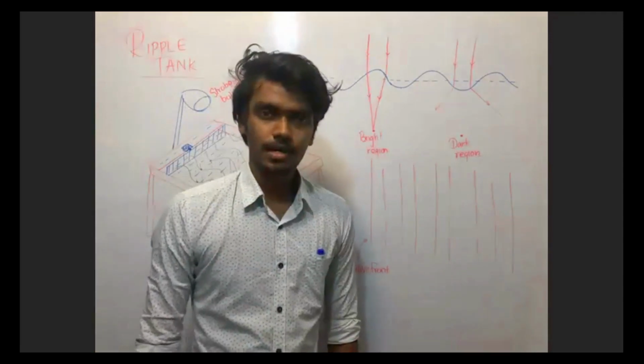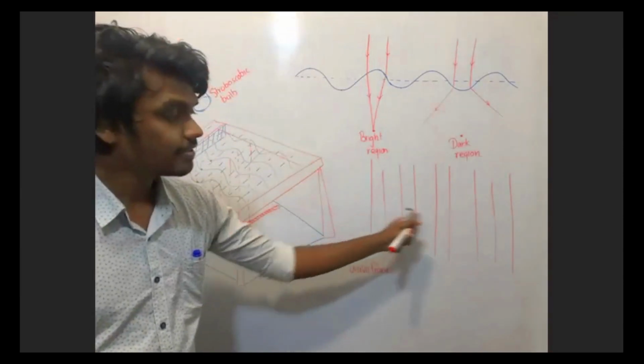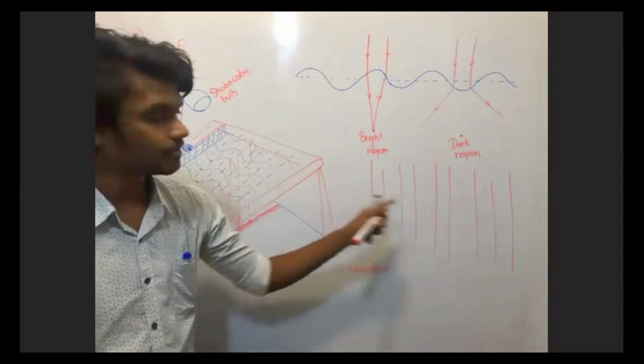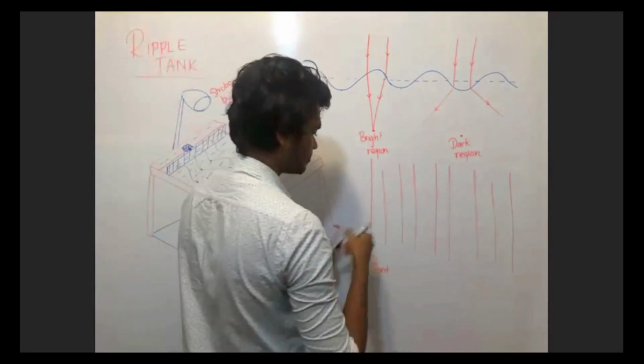Right. So the line that passes perpendicular to this is called the ray.